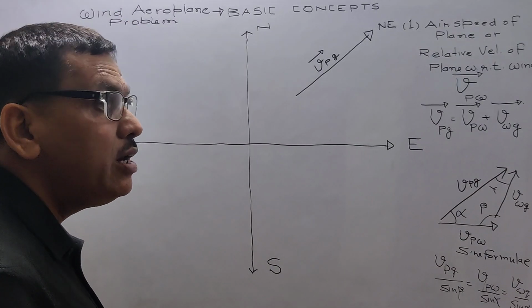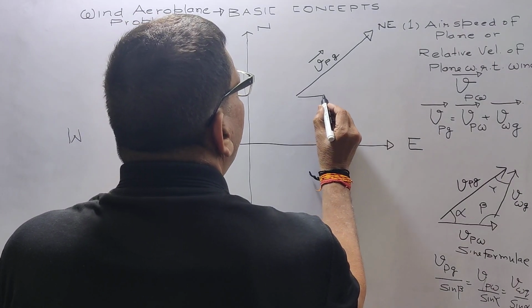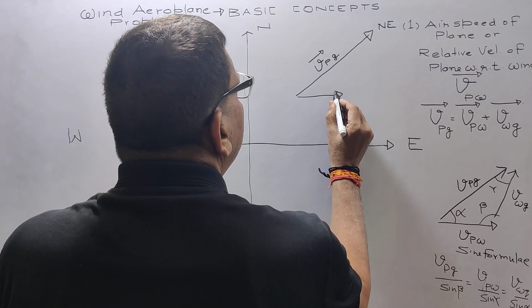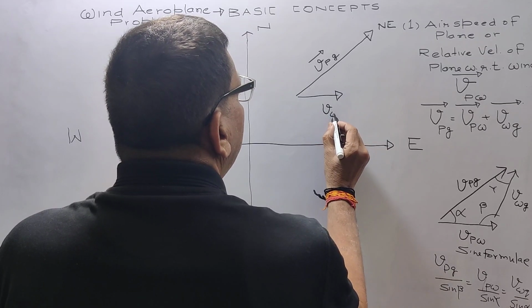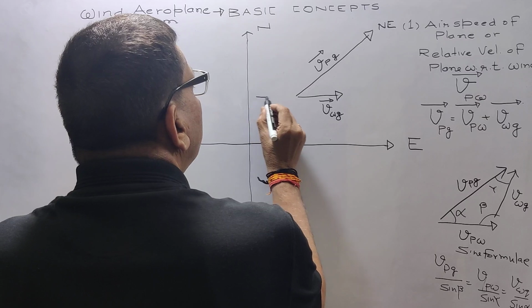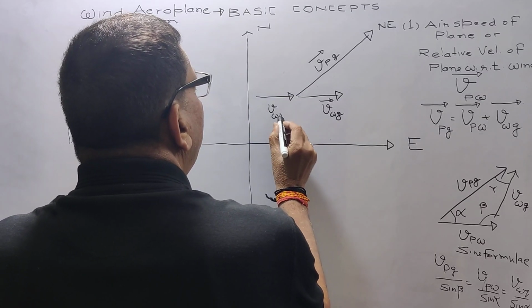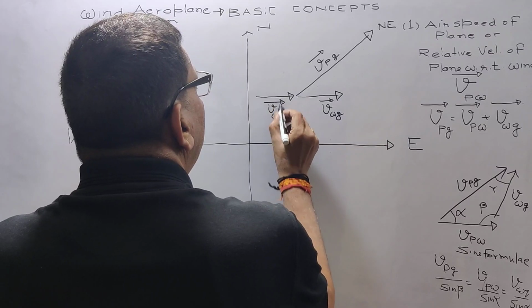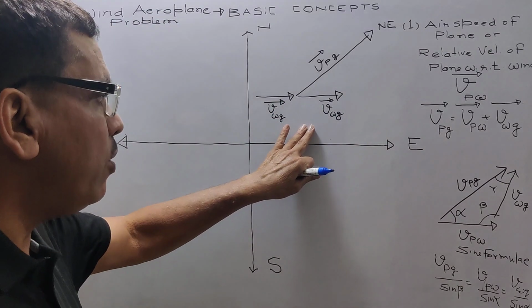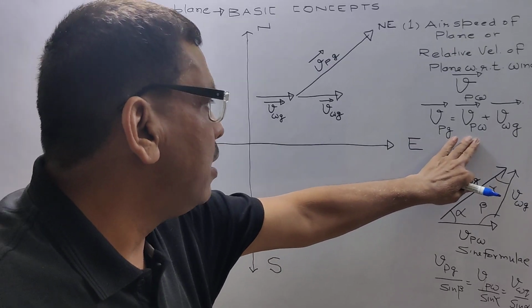Now when I say wind is blowing towards east, if I draw from this place, I can draw like this, V wind with respect to ground. Or if I take on this side also, the back side, I can draw V wind with respect to ground.